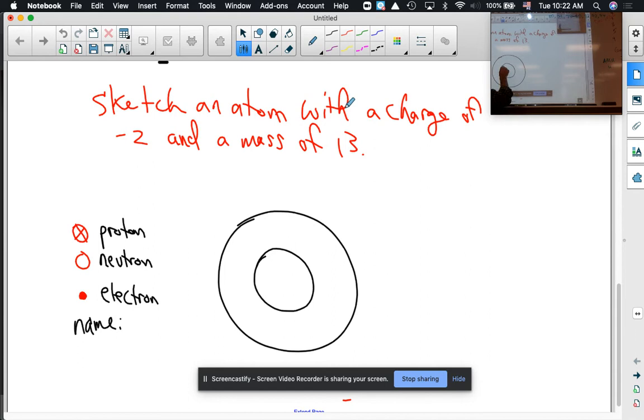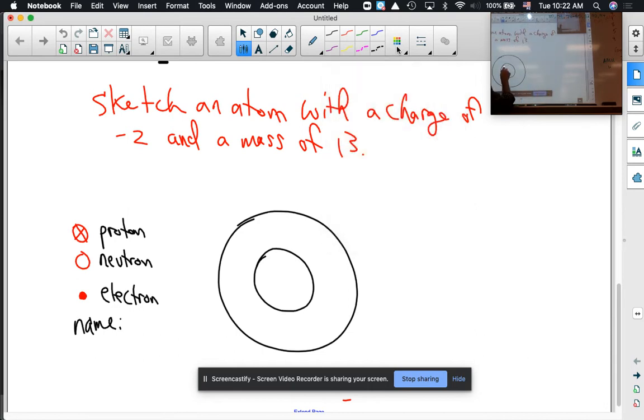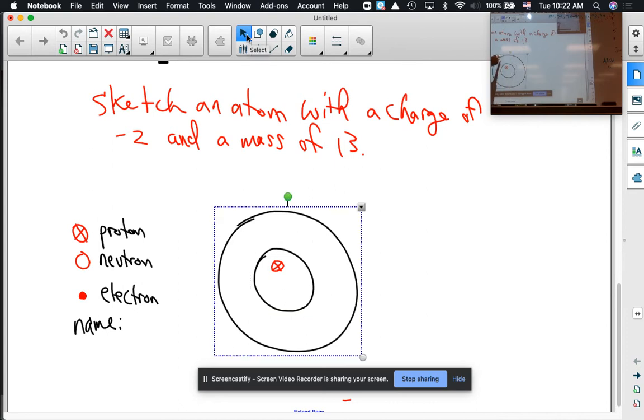Okay, so I'm going to have, let's see, oh, it's not even red. You can hardly even tell. I made this thing too small. I have to make this bigger.